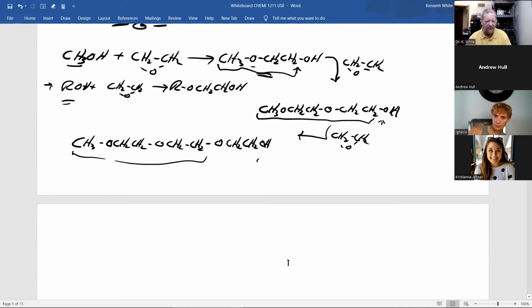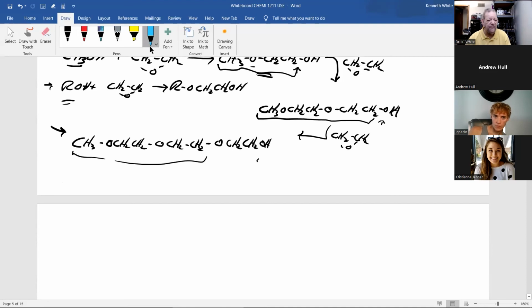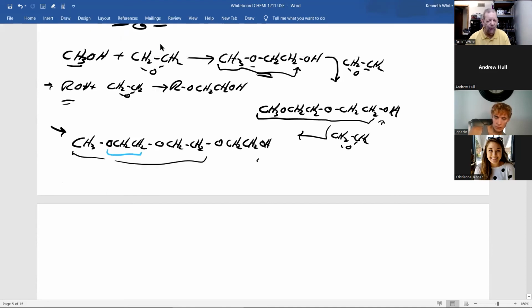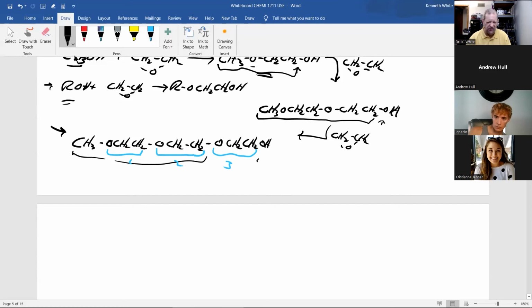Now, let's look at something interesting. This molecule right here, what are the repeating units? OH, OCH2, OCH2. And there's 1, 2, 3 of them. And as I said early on, I don't use this as often. Repeating units you can show in parentheses.